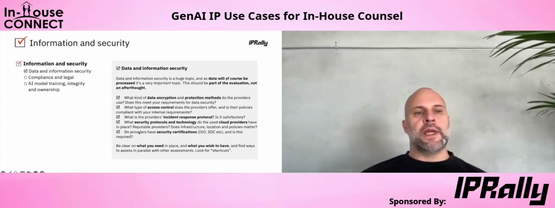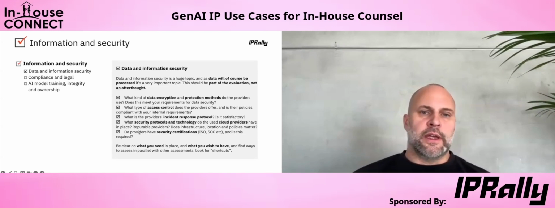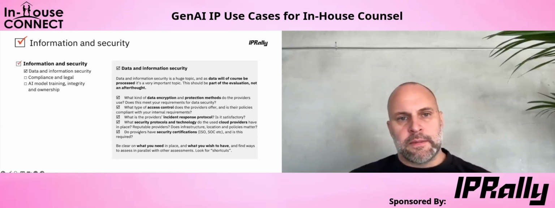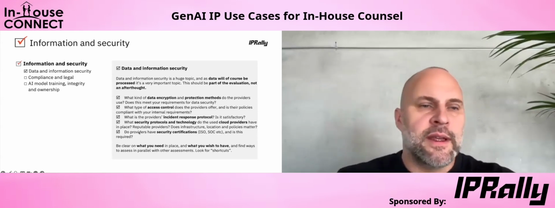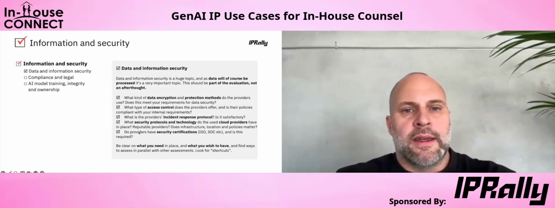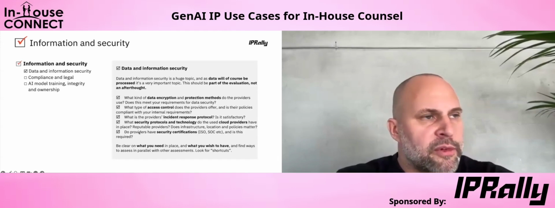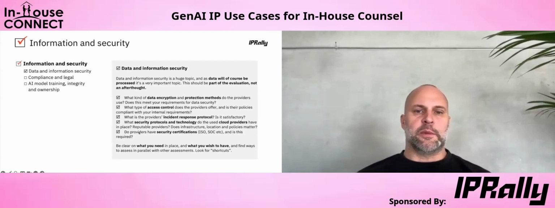So if you look at data and information security, the first thing is usually data encryption and the protection methods. You need the information to be secure, obviously, when you upload it, when you save it, when you store it, secure both at rest and in transit. And you need to dive into the security protocols that your providers have. And not only theirs, but also their providers, because usually you're looking at an ecosystem of providers that will provide you with the final solution that you're using.